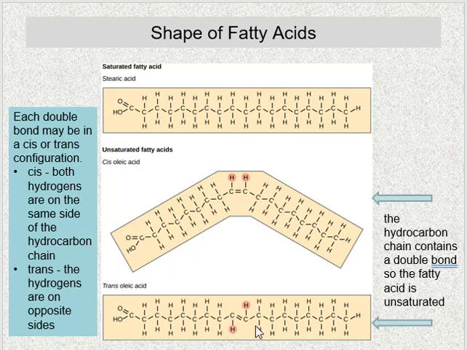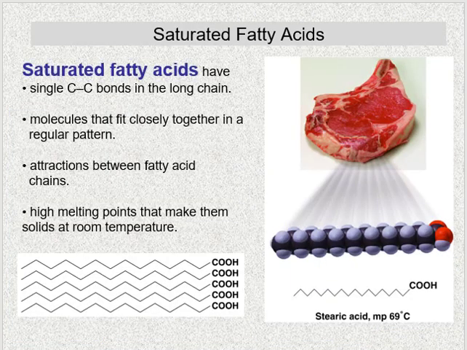The trans shows the different hydrogen atoms on different sides of the plane. So saturated fatty acids, as we covered, are long chains of single carbon-to-carbon bonds in which the molecules fit relatively close together. They also have really high melting points that keep them solid at room temperature.